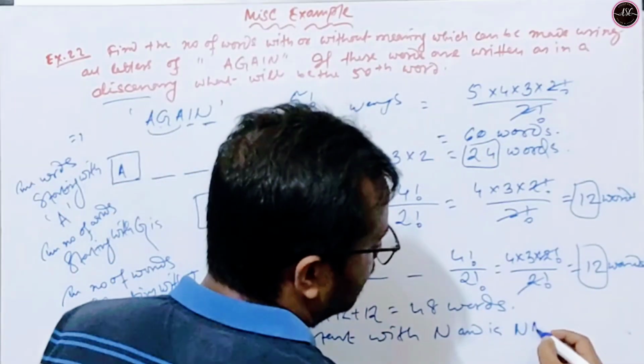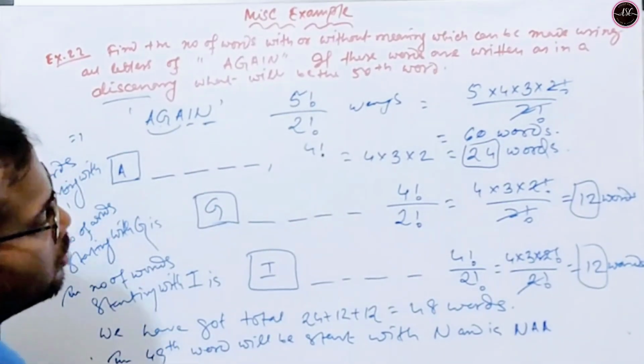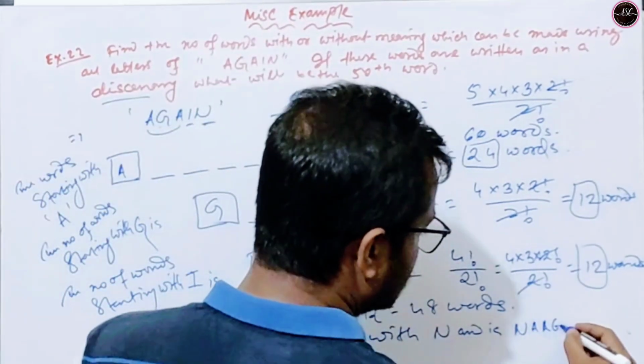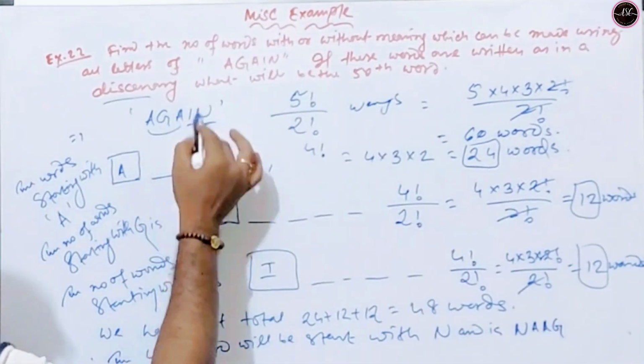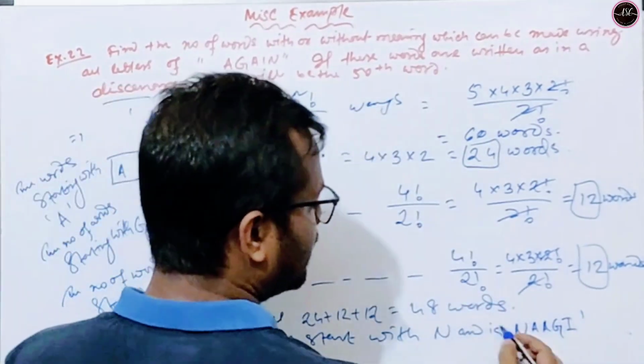So after N we have 2 A's, so we write double A. Then G has arrived, so just write G, and then I. So NAAGI will be the 49th word.